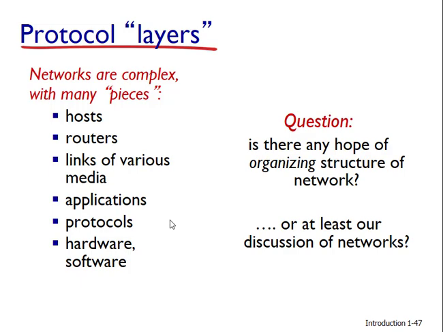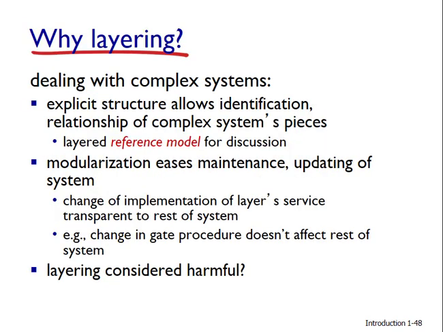In a nutshell, the general systems approach suggests that the way to solve a very complex problem is to break that big problem into much smaller and more manageable pieces. To provide structure to the network's protocols, network designers organize those protocols and the network hardware and software that implement the protocols into layers. In other words, they're implementing a general systems approach to solve the very complex problem of networking.